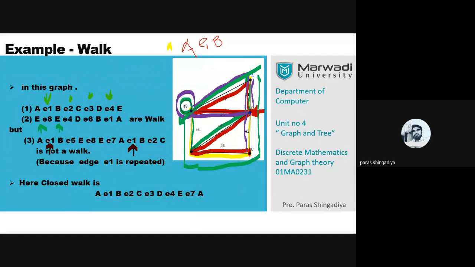You start your journey at A and end at the same place again. So that is known as a closed walk: A E1 B, E2 C, E3 D, E4 E, E7 A. As you can check, no edge is repeated in this walk, your starting place is A and the ending place is also A. Therefore it is known as a closed walk. So that is an example of a walk.